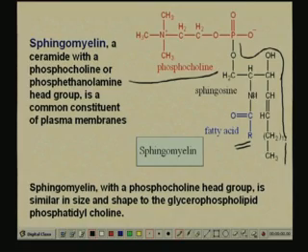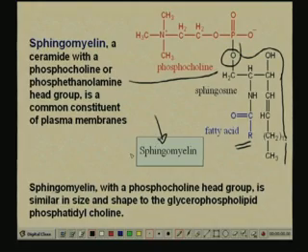In this case, when you have phosphocholine to form a head group here, this forms what is called a sphingomyelin. So, this is after the formation of a ceramide. You have an OH group, initially this was an OH, it is now linked to phosphocholine to form what is called a sphingomyelin. Okay.